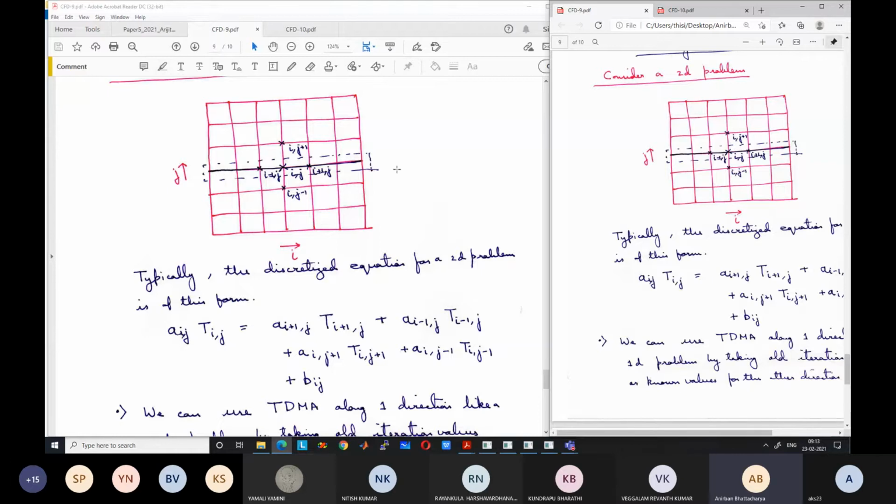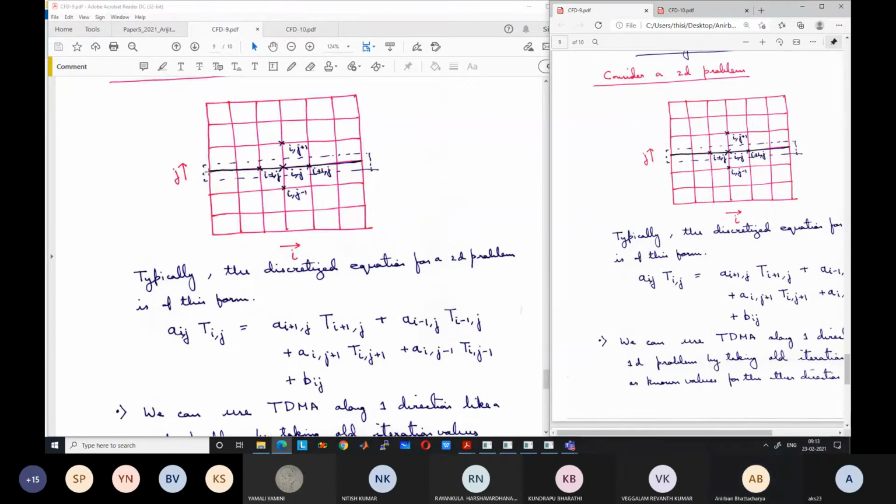we will consider that this is a single line, like a 1D problem. For the i direction, this is a 1D problem for any value of j. So for example, for j equal to 3 or j equal to 4 or whatever is the value of j, we will just consider the i direction and consider that this is a 1D problem.